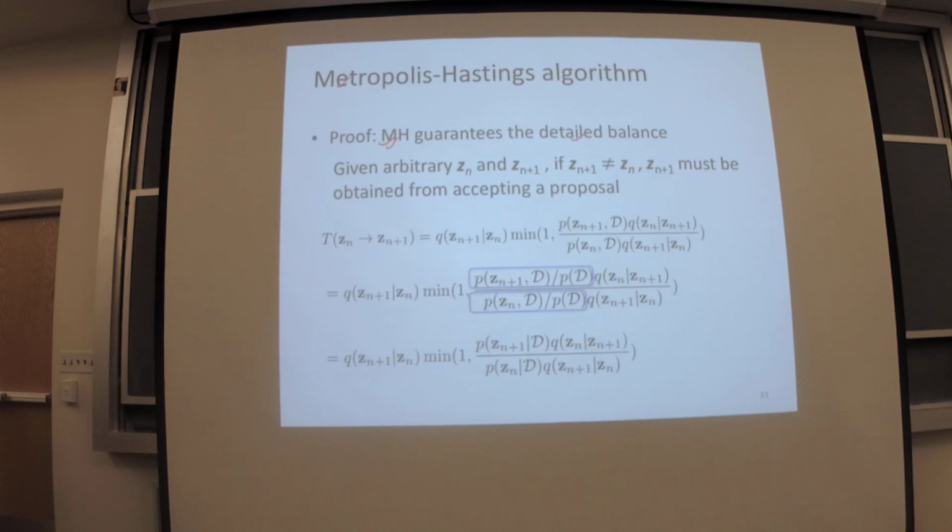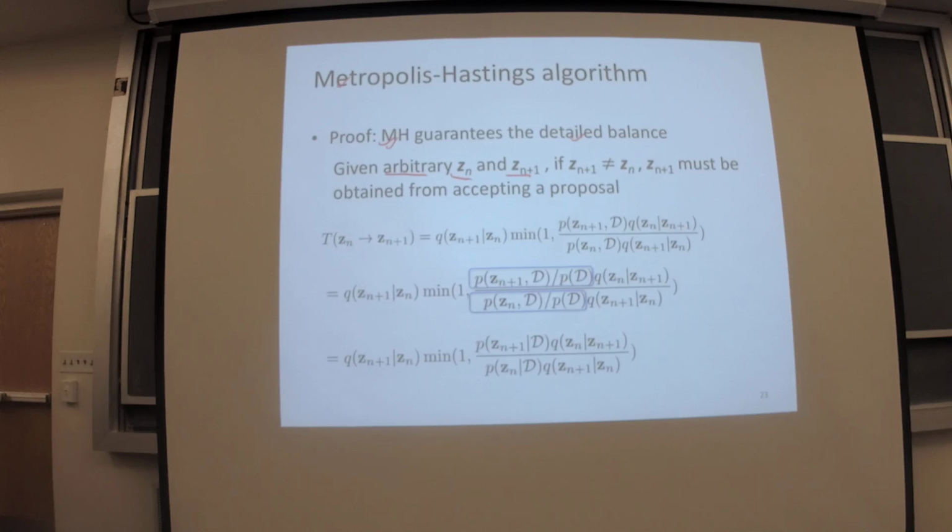The proposal just gives you a candidate. You have to also account for the probability to accept it or not. You need to combine them together to construct a transition kernel, and then see whether it satisfies the detailed balance, right? So, given arbitrary Zn and Zn plus 1, which means two consecutive states in your chain, right?